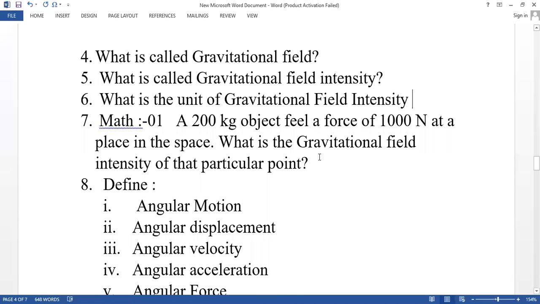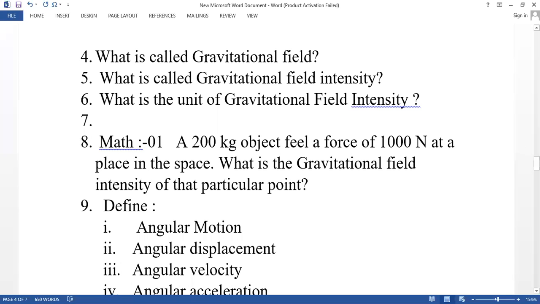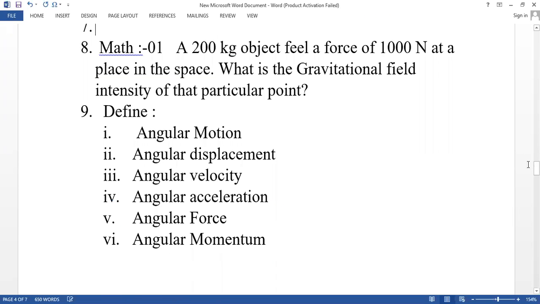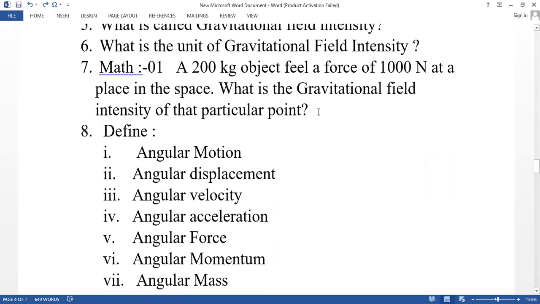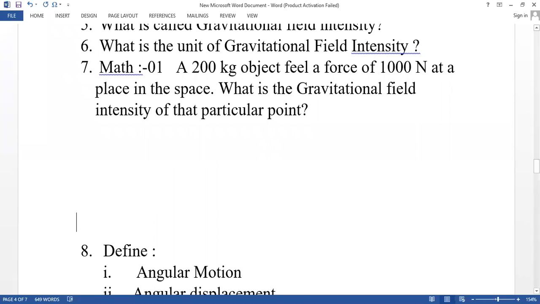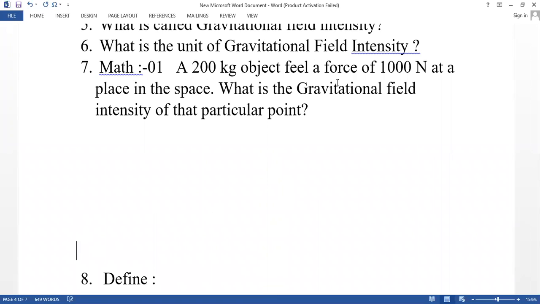Now, a mathematical problem is given here. A 1000 kg object feels a force of 1000 Newton at a place in space.